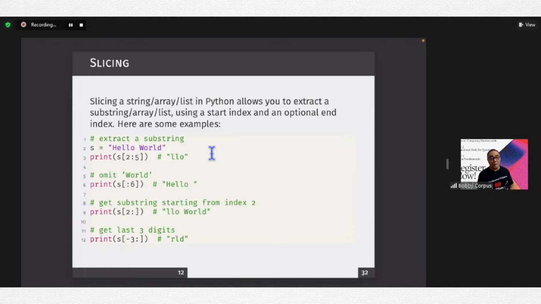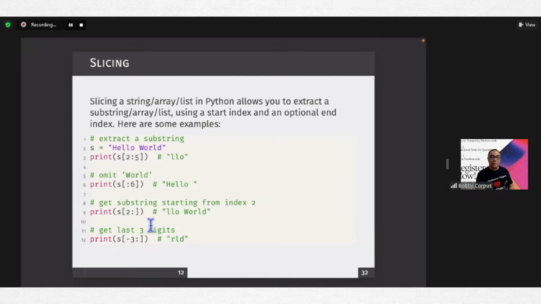And like for example, that's very simple, no? Extracting a substring. So if you have a string called hello world, and then you want to extract all characters between 2, including 2, excluding 5, no? So ito yung makukuha mo. You just do it in this way, no?